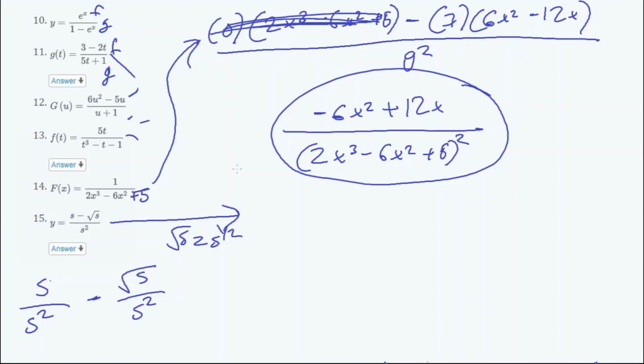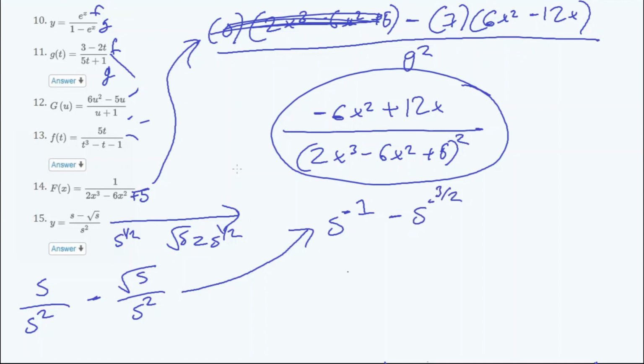And when you divide two variables, their exponents get subtracted. So if we simplify this right here, so we don't have to deal with fractions, we're going to have s to the negative 1 power, minus s to the 1 half power on the top minus 2. 1 half minus 2 is going to be negative 3 half. So we're going to have minus s to the negative 3 half power.